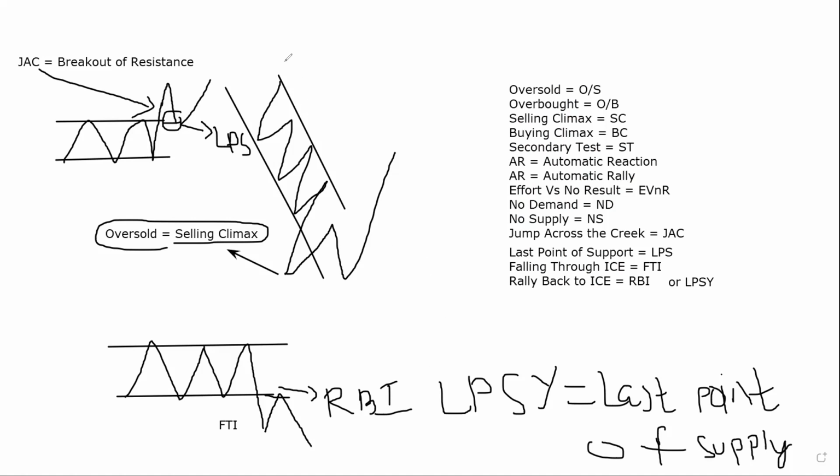And then we have other terms as well. We have ease of movement, which I told you about. We call it EOM, ease of movement. Then we have another term, PS, preliminary support.